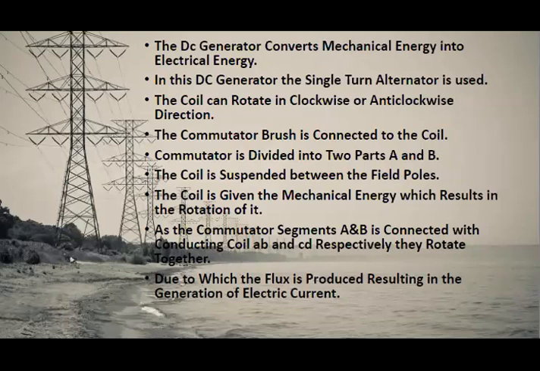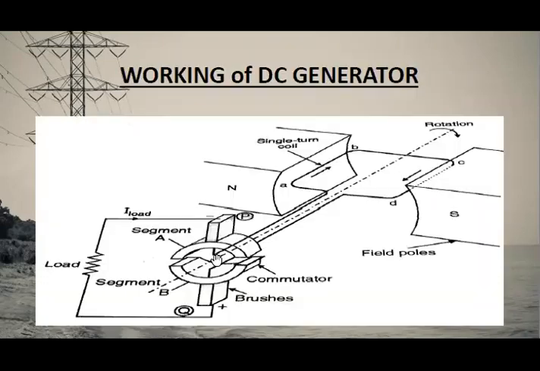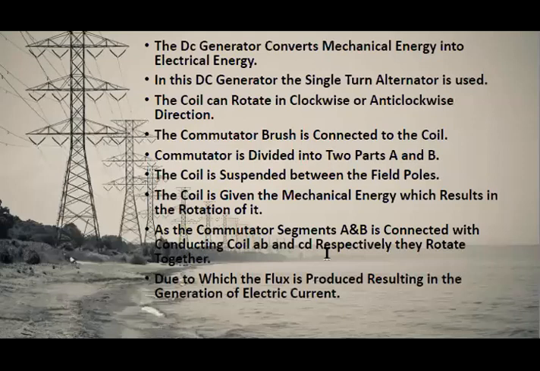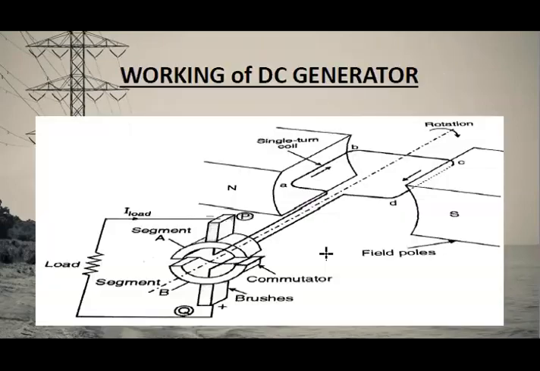The commutator brush is connected to the coil. This is the coil, and it is connected to that coil. The commutator is divided into two parts, A and B. The coil is suspended between the field poles, and the coil is given mechanical energy, which results in its rotation.